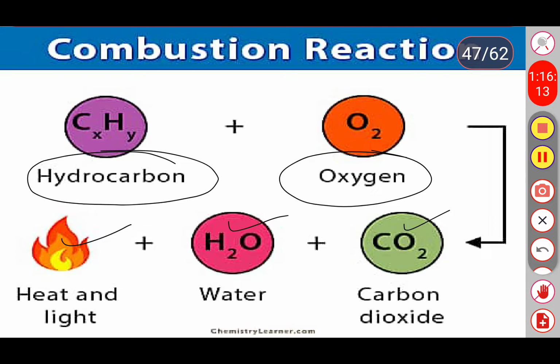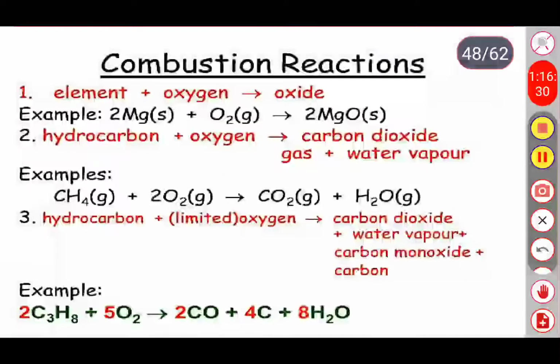Okay, some examples are given for combustion reaction. First example: when an element, you can take any kind of element, is combined with oxygen, it gets oxides. For example, here we have taken magnesium. When magnesium is combined with oxygen, it forms magnesium oxide.